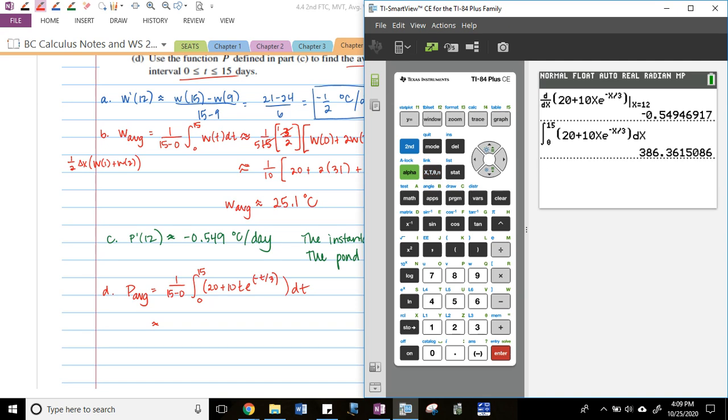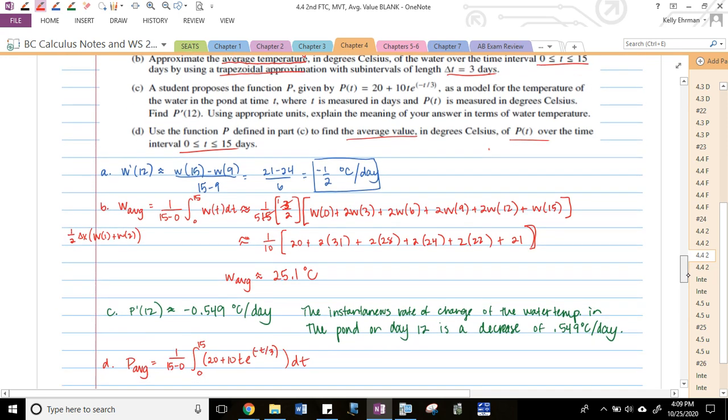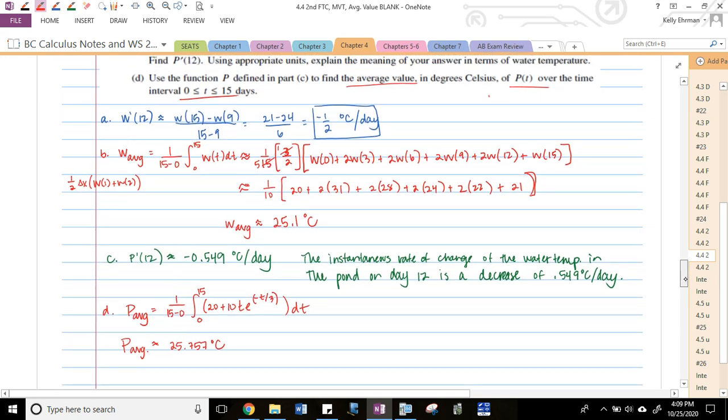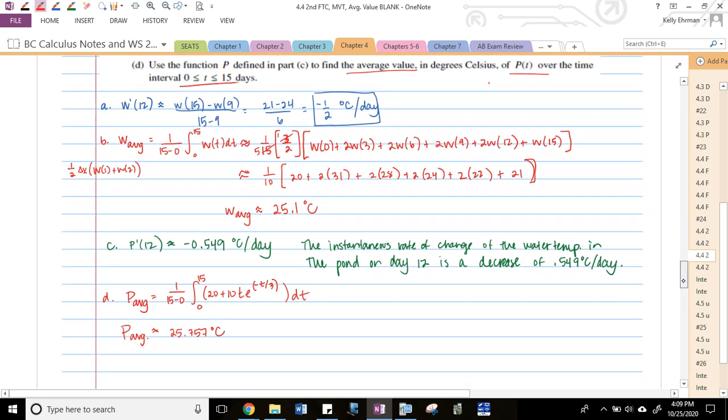So just the integral itself is 386, but then again, you're dividing by 15. So I'm getting 25.757. And this is degrees Celsius because, again, that's the average value for this P function. We don't really have to interpret it beyond, of course, you should always label everything. But beyond that, we don't have to explain.